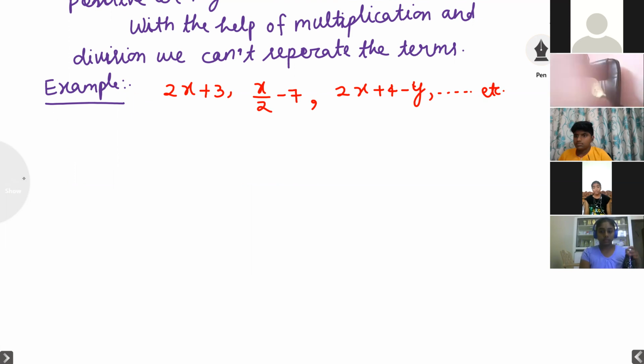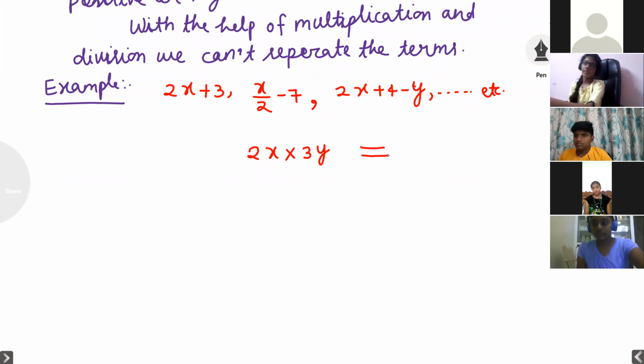Suppose I am writing here 2x into 3y. All these operations we will learn: addition, subtraction, multiplication, division. Each and every operation I will learn.